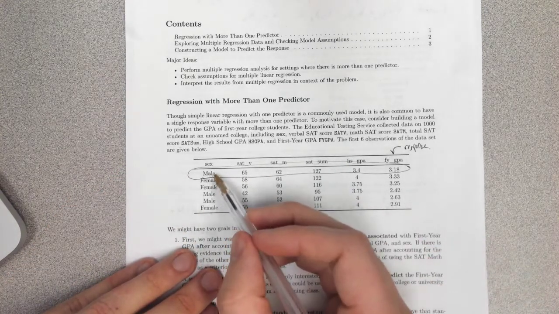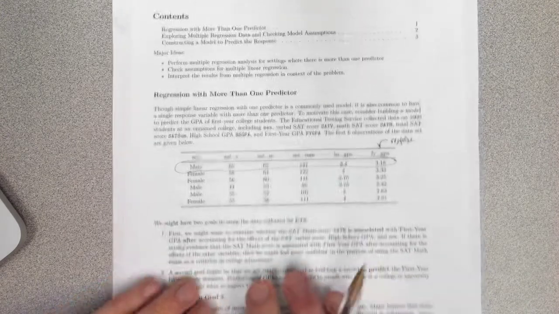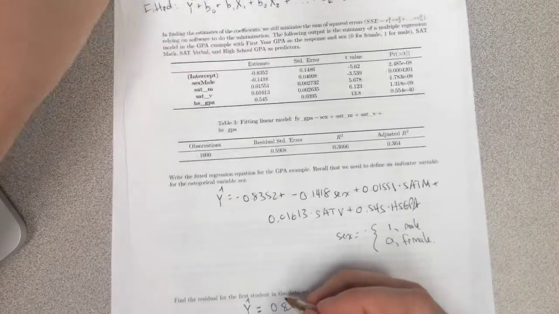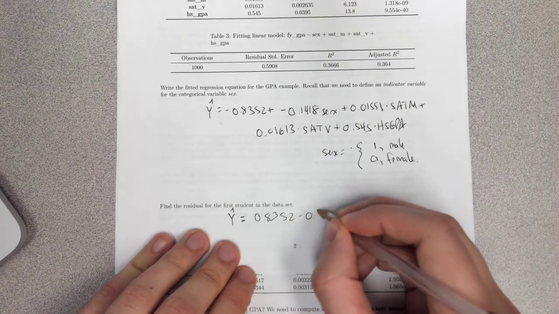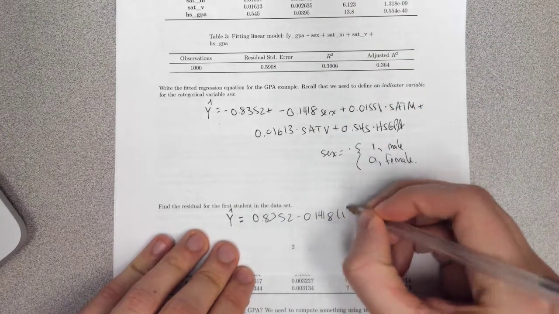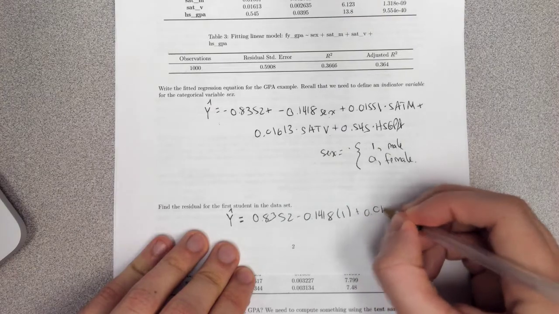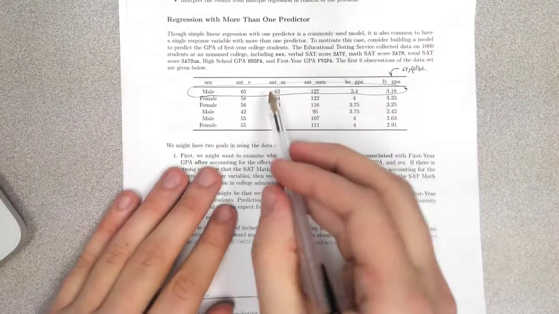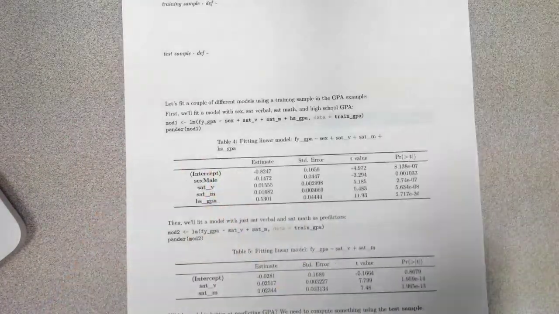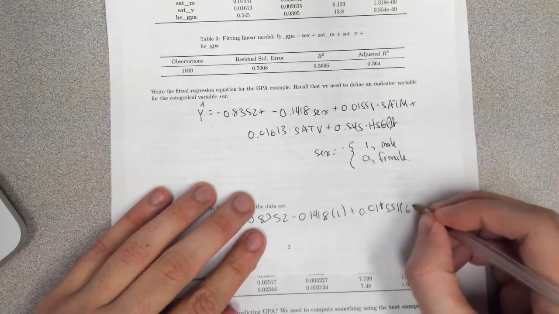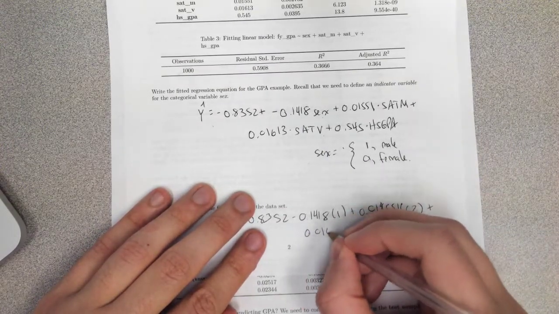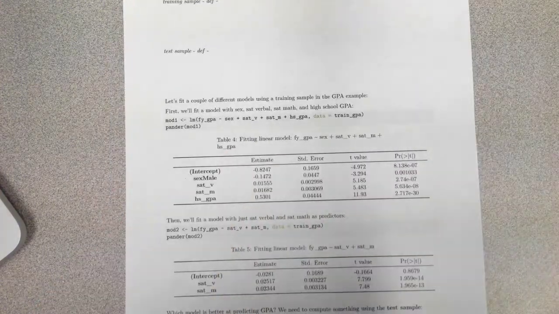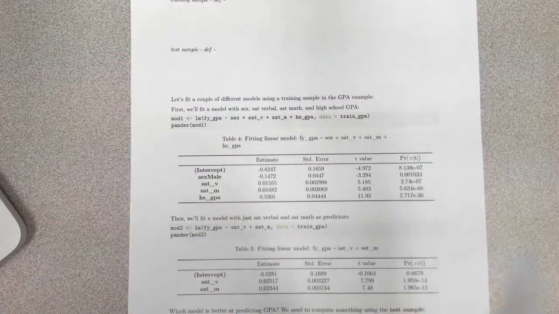It looks like this first student was male, so we'll start there. Male got the 1, so I'm going to plug in a 1 for that. We could grab his SAT math and SAT verbal scores, which were 62 and 65, so throwing those in for the next 2 parts. And we could grab his high school GPA, which was 3.4.